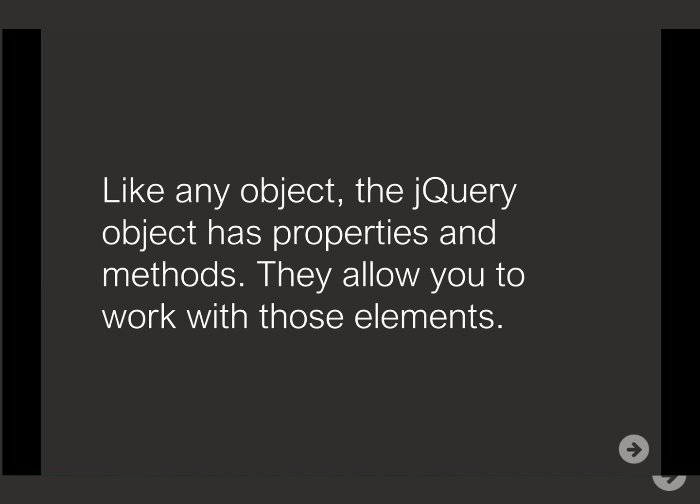Okay, properties means its features. Okay, methods means the functions we can do for the object. So you have both properties and methods. That's important: properties for us to find the objects, and methods for us to do something on the object. Okay.